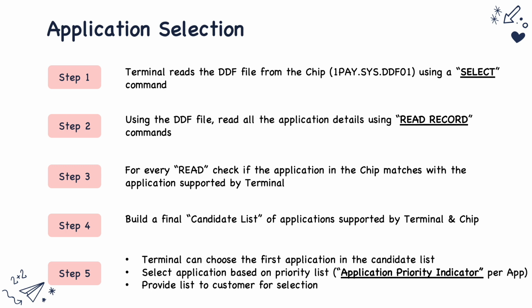This is a tag, a data element for each application. Based on the application priority indicator, the terminal can choose the application with the highest priority as well. So finally, in this step, the application, that is the product to be used for proceeding with the transaction, is finalized.